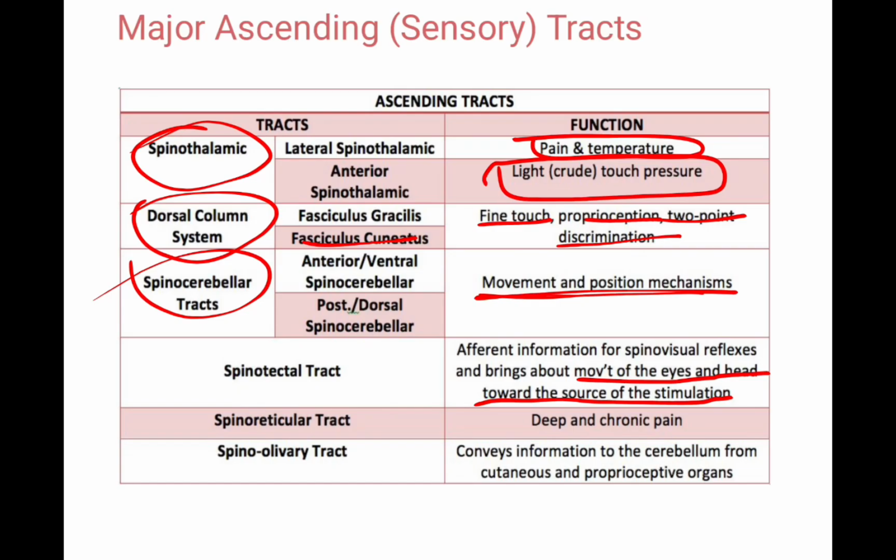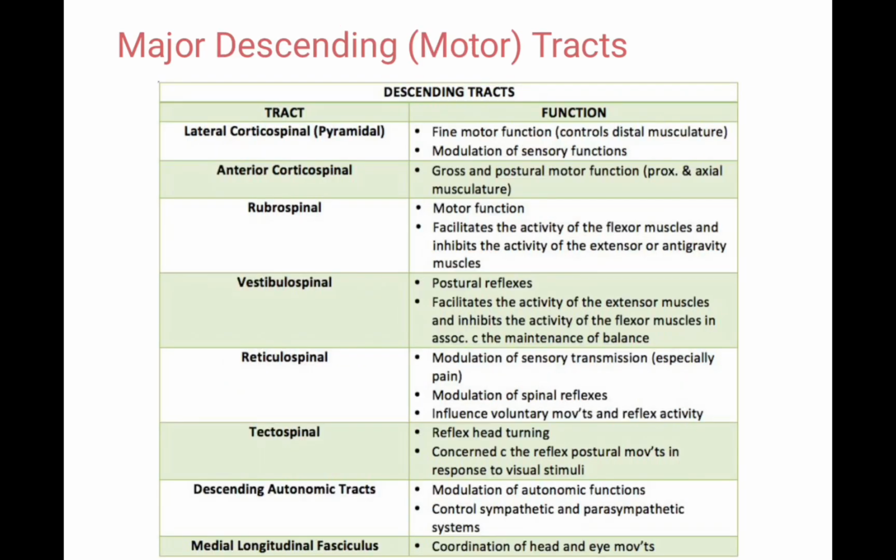If you're sitting in a room and you hear a sound behind you, immediately, by reflex, your head turns backwards. So that is the function of the spinotectal tract. We have the spinoreticular tract for deep and chronic pain. Spino-olivary tract conveys information to the cerebellum from cutaneous and proprioceptive organs.